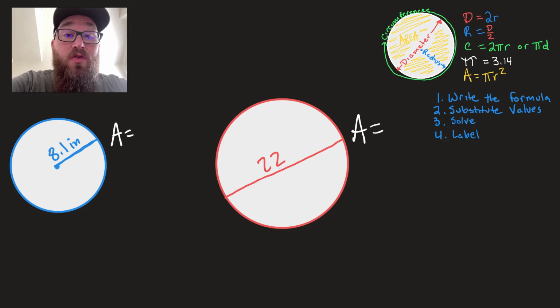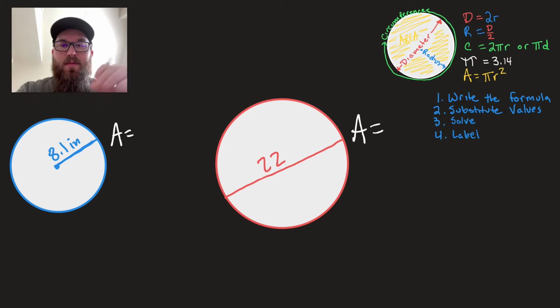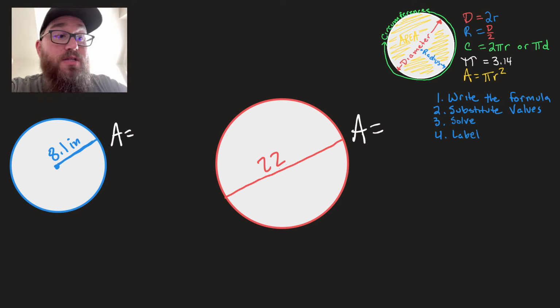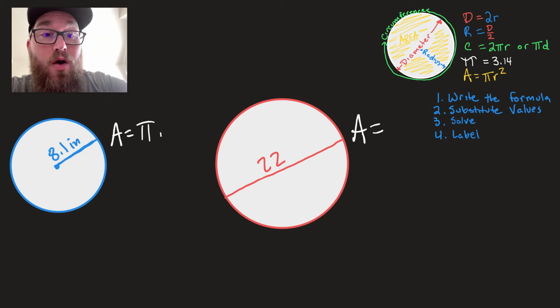All right, so these two questions are similar to the ones I did before. Numbers have changed, but the same fundamental idea. So if you have these written down, it should be pretty straightforward for you. So let's look at the blue one right below. The first thing I want you to do is write the formula and substitute the values. That should look something like pi r squared and then 3.14 times 8.1 squared.